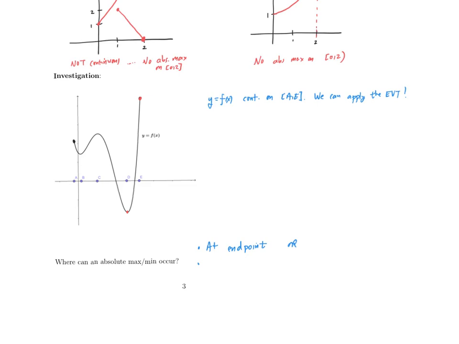So it's at a peak or a valley, and if at one of these peaks or valleys you draw the tangent line, note the tangent line is horizontal, which means the derivative at that value is 0. So that absolute maximum and minimum values occur at an endpoint of the interval or at a point where the tangent line is horizontal.